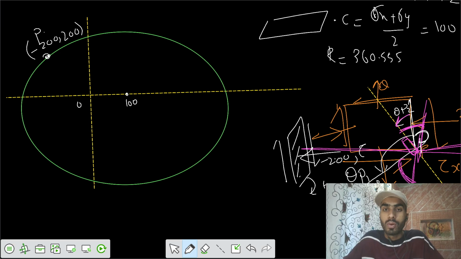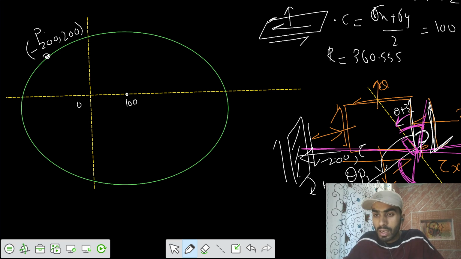Now we have plane Q. On that you have sigma y acting, tensile, and a shear stress. About this plane we have shear stress clockwise, and this one is anti-clockwise.